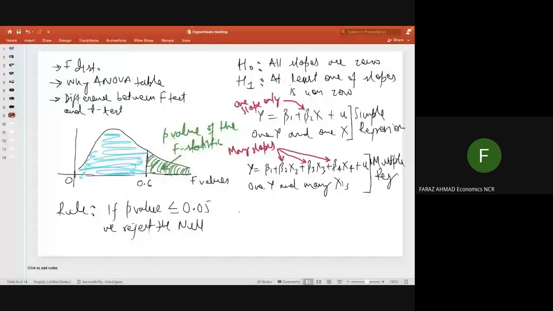If we want to test whether all the x's affect y or not, or whether all slopes are zero or not, we use the F test, right? So the F test is used for all slopes together being zero or not, and the t-test is used to check individual slopes one by one.